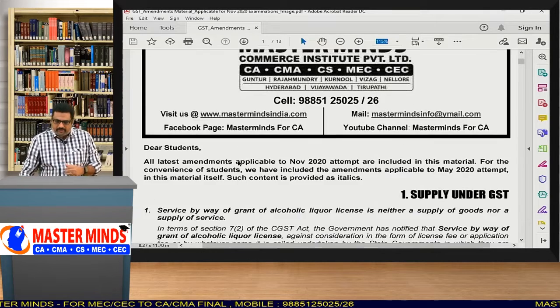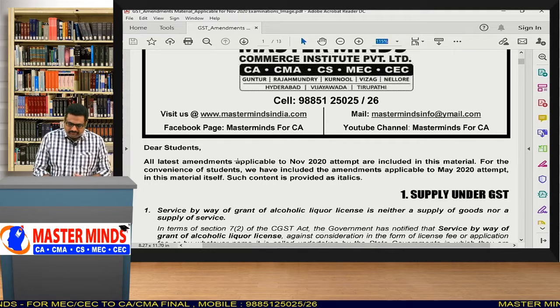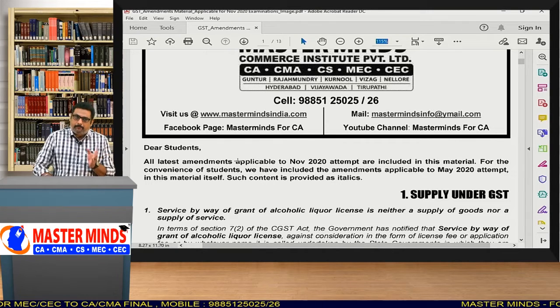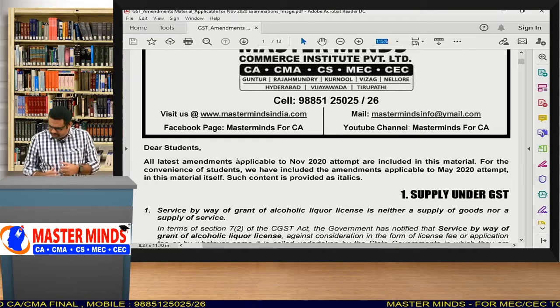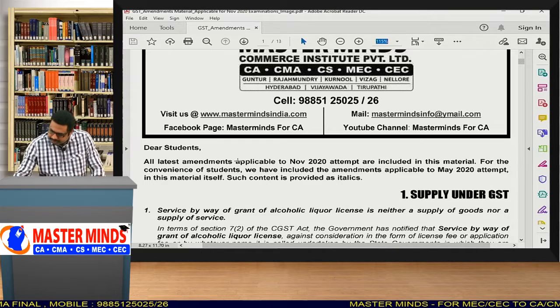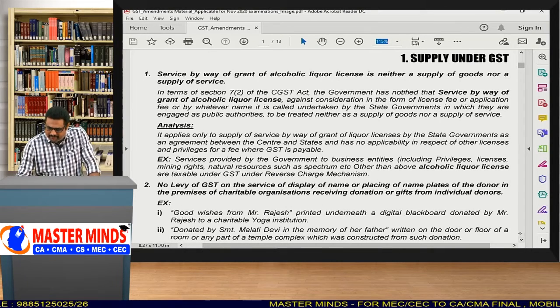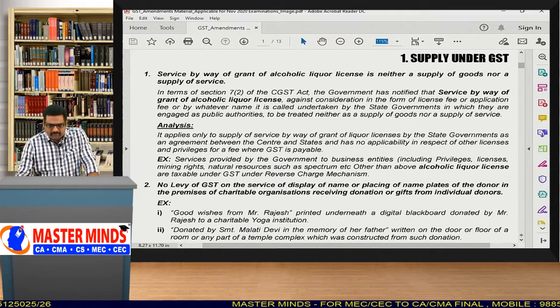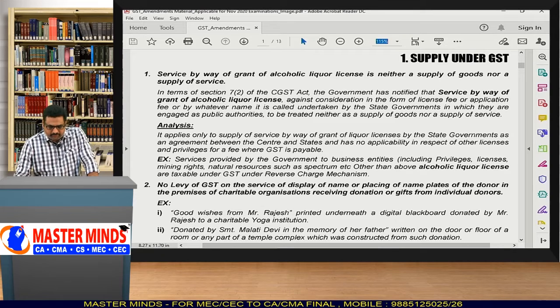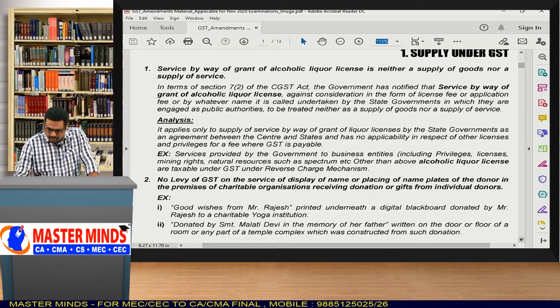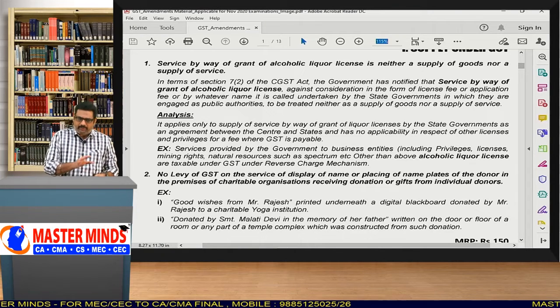For example, take the chapter on supply under GST. Some amendments were there in the May 2020 attempt, so we incorporated those items in our material and put them in italics. So there are no amendments with respect to supply in the November 2020 attempt. We have to check all these things.